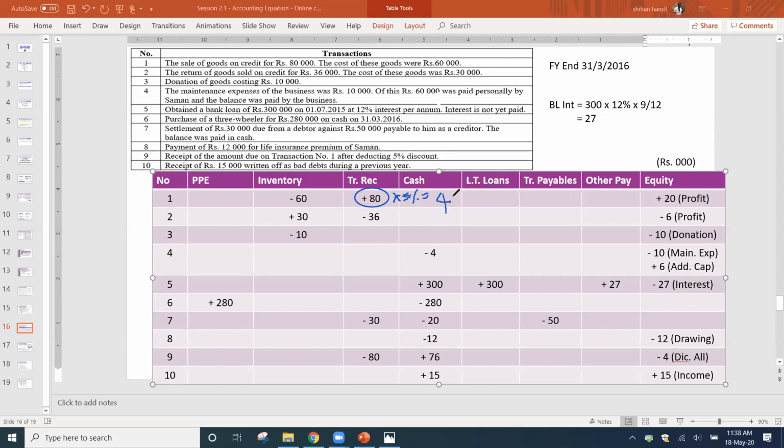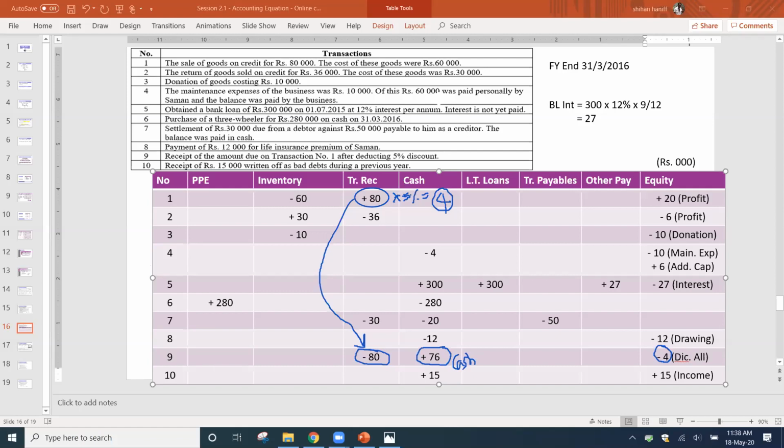So discount is 4,000, and you will receive cash 76,000. So his total amount will be deducted, the same amount here. He settled, receipt of amount due, fully settled, cash received only 76,000 and 4,000 discount. So now it is clear.